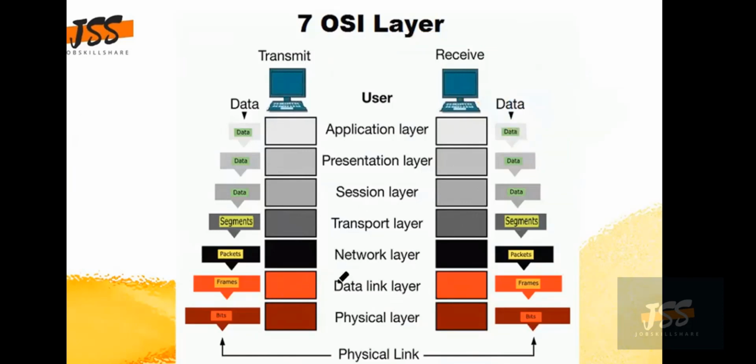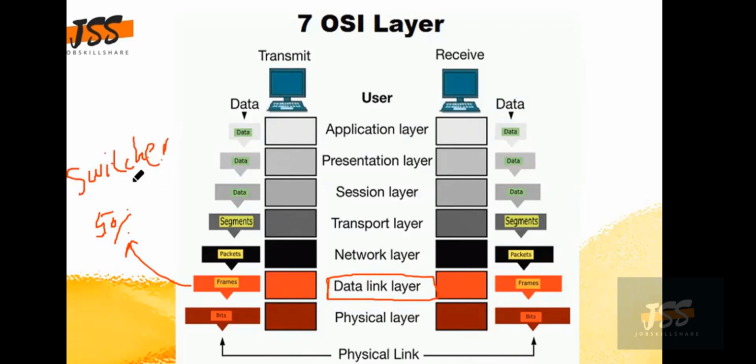Okay. Then we have the data link layer. Let's say 40% or even 50% of the time, we're going to work on the data link layer in CCNA, CCNP, and even the CCIE level, because switches work at the data link layer. If you're not familiar with switches, we are going to discuss them in a lot of detail in the subsequent videos. Basically, a switch does nothing but switch the packet.